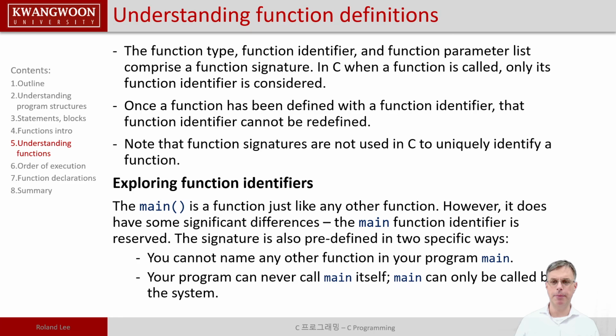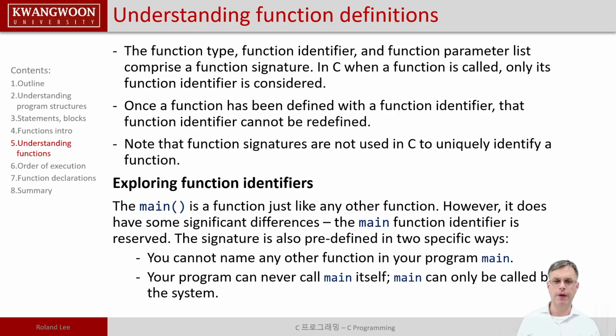A function type, function identifier, and function parameter list comprise the function signature. So once again, the function signature is made of function type, function identifier, and function parameter list. In a C program, each function identifier must be unique. In other languages, the complete function signature is considered, but not in C.